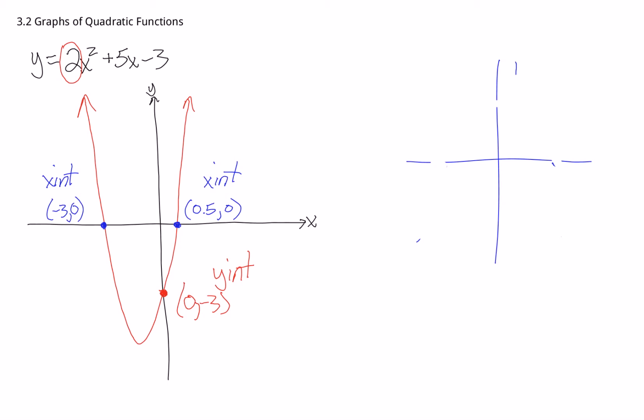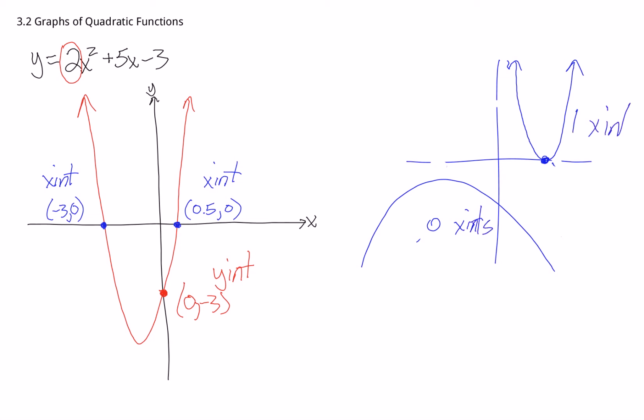For example, if we had a graph that only touches the x-axis in 1 spot, we'd have 1 x-intercept. Or it's possible that we get a graph that never touches the x-axis, in which case we have 0. So the one on the left here has 2, this one has 1, and this one has 0. Just be aware that sometimes you might get 0 or 1, depending on the question.